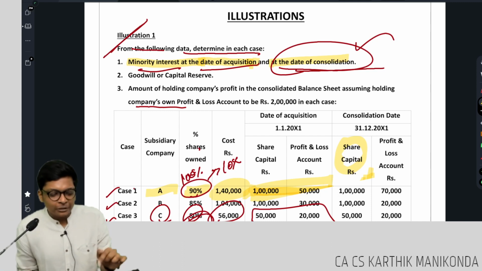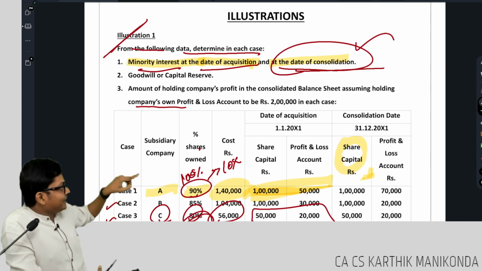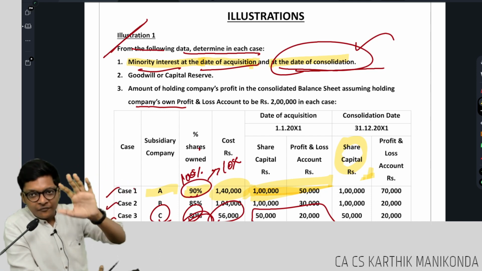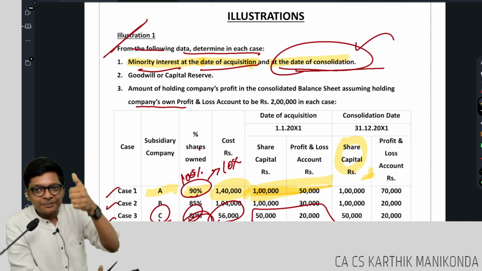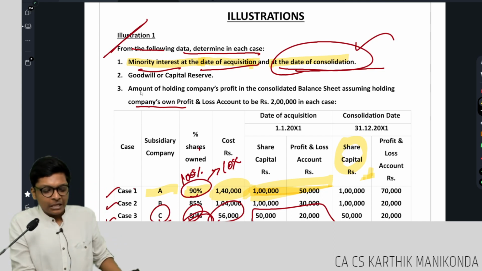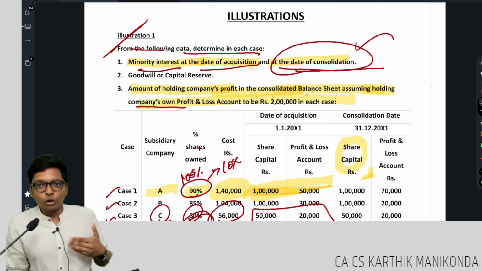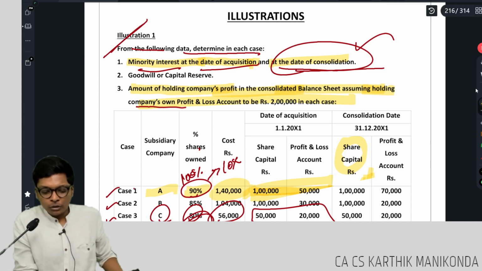Minority interest is step 4, goodwill capital reserve is step 5, next is step 6. What is step 6? Amount of holding company's profit in the consolidated balance sheet, assuming its own profit is 2 lakhs. How to compute this?